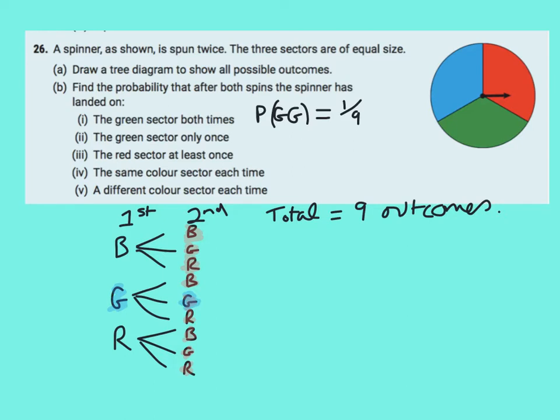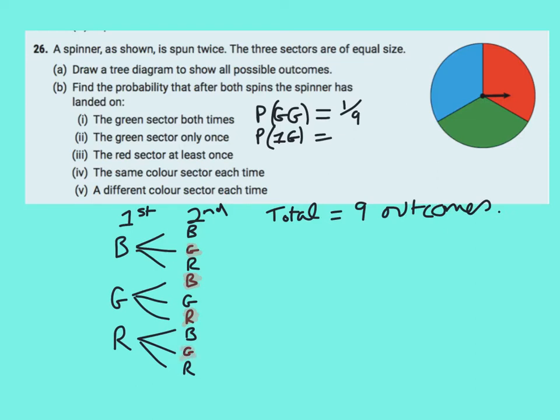The green sector only once, so the P of 1G. If we look at the P of 1G, let me just take off my highlight here. Where we have 1G, we have 1G here, 1G here, and 1G here, because the G I'm talking about is this G. Then I have 1G here.